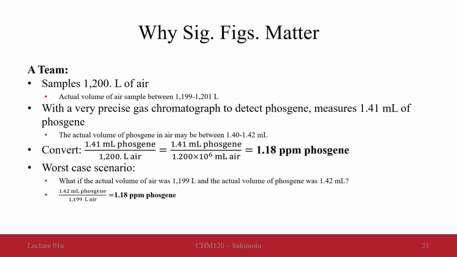In this case, because the range of uncertainty, the number of sig figs is quite precise, even in this worst case scenario, more phosgene per less air, we still have a concentration of 1.18 ppm. Again, a very precise number coming from very precise measurements, with many significant figures, means that we're very confident when we say 1.18 ppm.